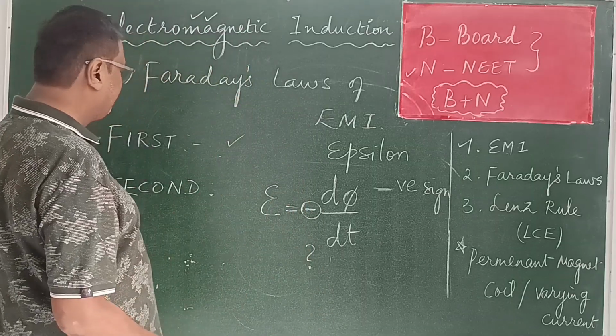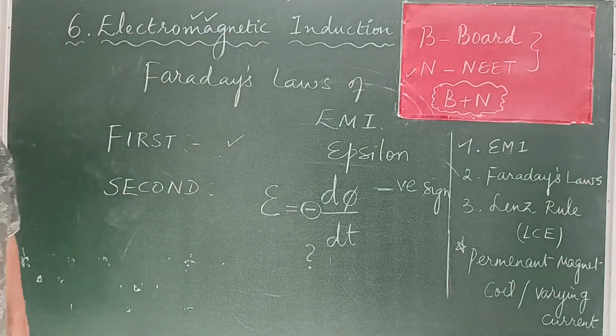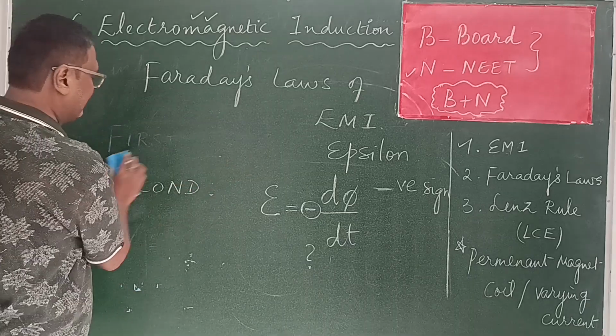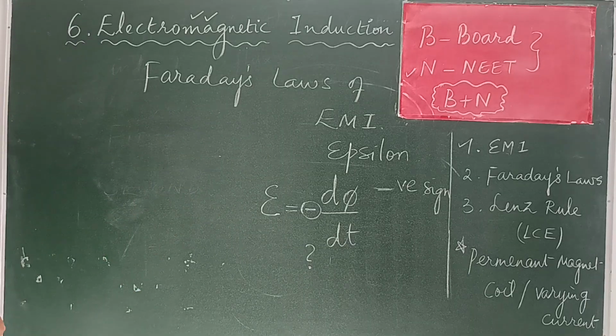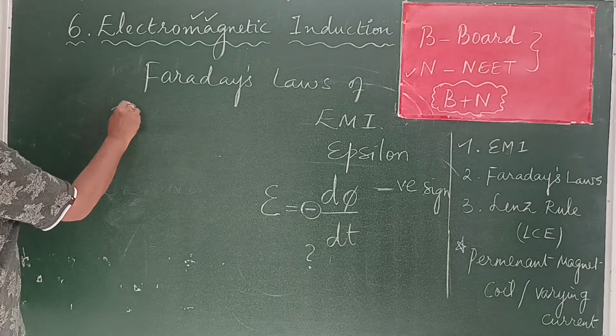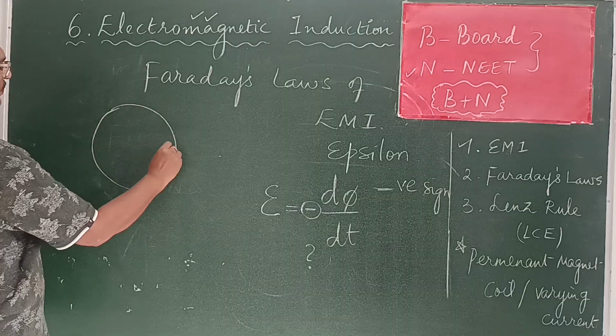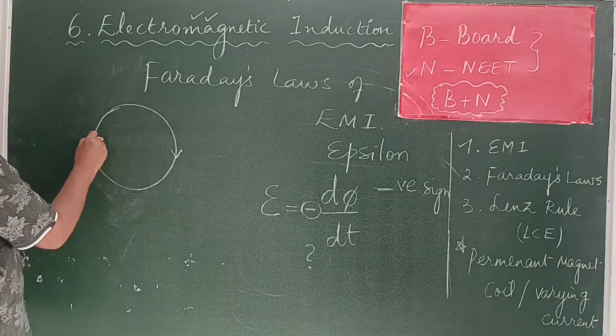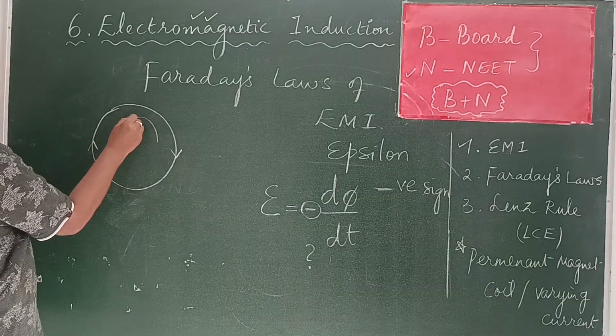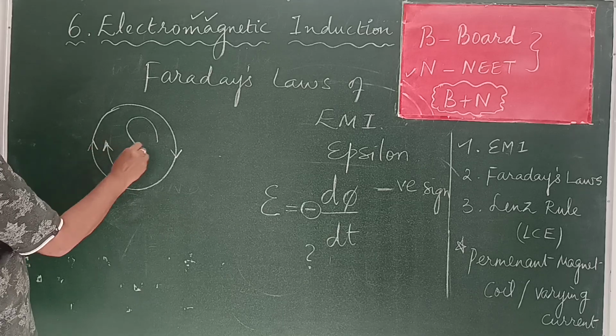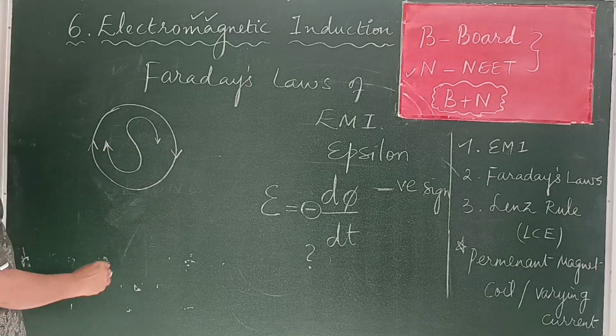You might have learned in class 10th. Let me erase this and give you an idea about clockwise and anti-clockwise direction. If the current goes clockwise, that side will become the south pole, right? This will turn south pole.